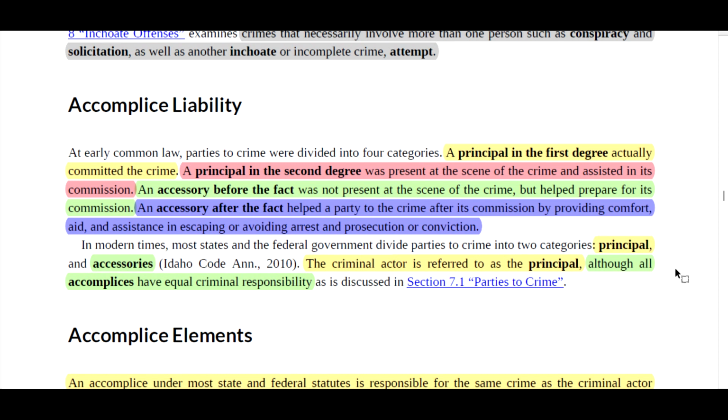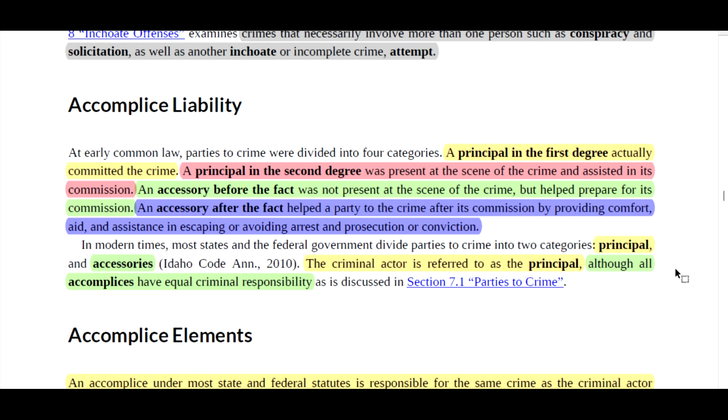And then we get into the next level. The third level for common law was accessory before the fact, where you weren't present at the scene of the crime, but you helped prepare for it to happen. So the plan person. And then there's accessory after the fact, the fourth category.